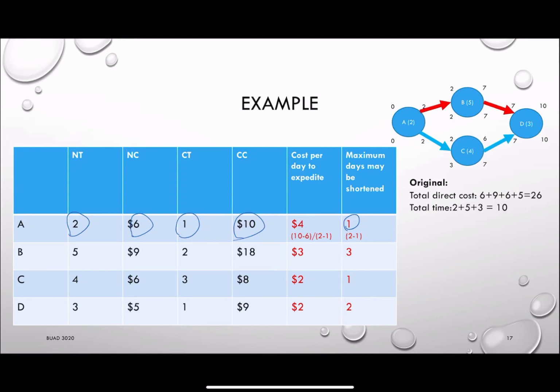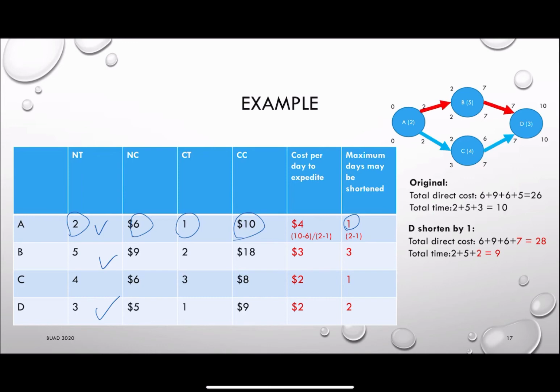We know the critical activities in this case will be A, B, and D. So the duration will be 2 plus 5 plus 3, which is equal to 10. Now, if we want to shorten the duration of the project, we can try to shorten activity A, B, or D, because those are critical activities.